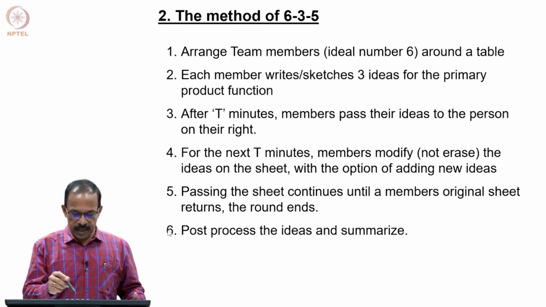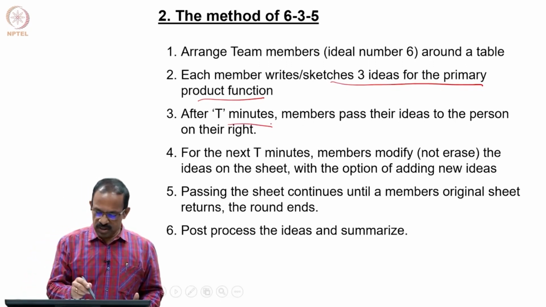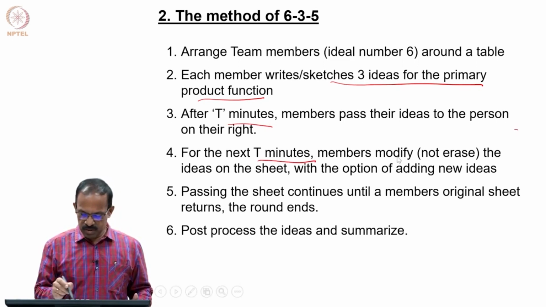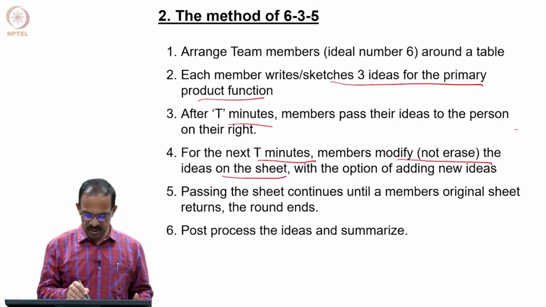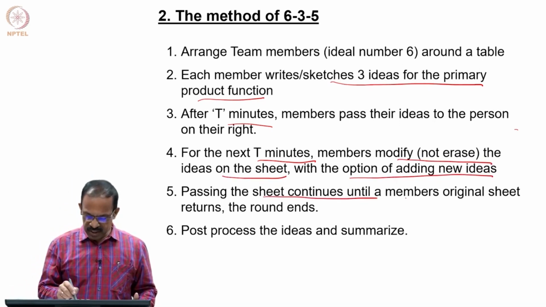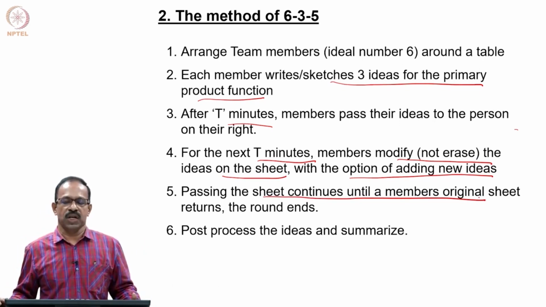So, each member sketches 3 ideas for the primary product function, and after t minutes members pass their ideas to the person on their right, and for the next t minutes members modify the ideas on the sheet with the option of adding new ideas, and passing the sheet continues until a member's original sheet returns, and the round ends. So, that is the way the first round goes.